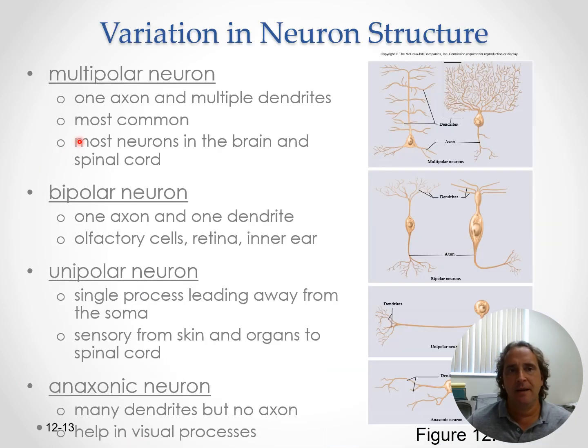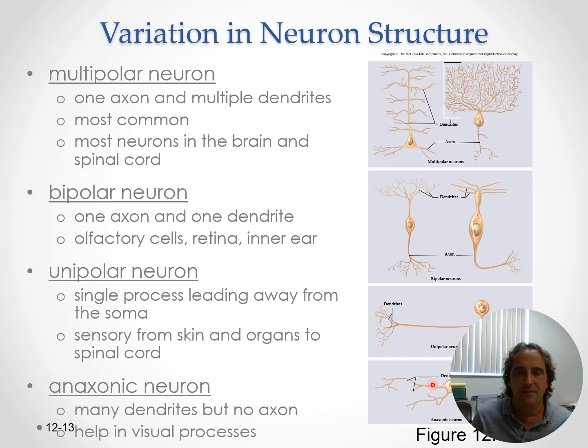You do have many different types of variations. When you get into neuroscience or more detailed work with neurons, there are multipolar neurons, which have many processes coming in. Bipolar neurons have two poles that look identical, so you can't tell which is the dendrite and which is the axon. Unipolar neurons have just one long strand of dendrites coming in, and anaxonic neurons don't really look like they have an axon but have many dendrites coming in.